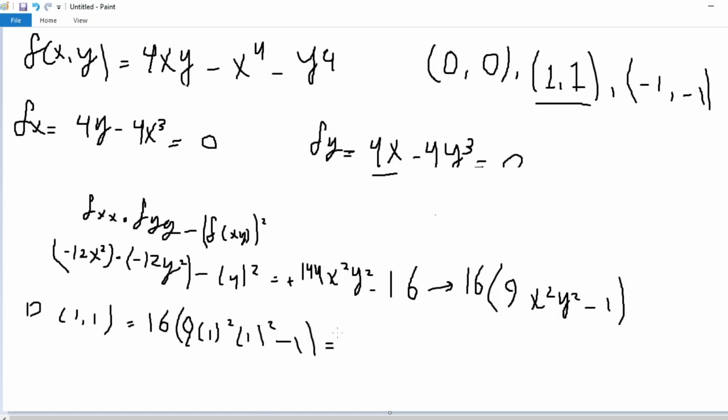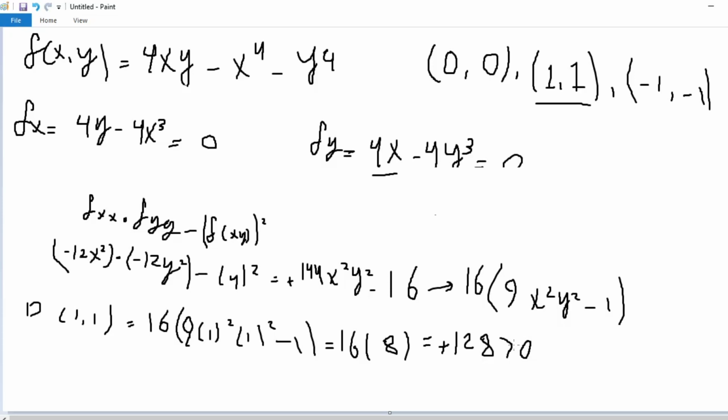Inside the parentheses, 9 times 1 times 1 minus 1 is 8. So 16 times 8 is positive 128. So 128 is bigger than 0, right?